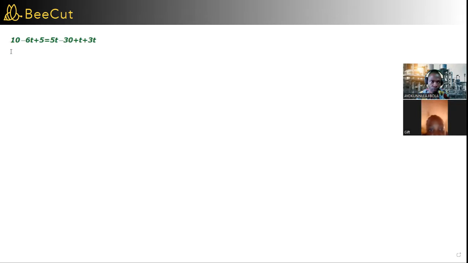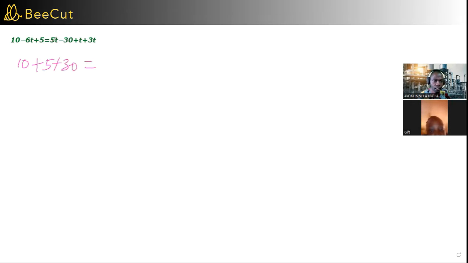Okay. What you have to do, you will collect the like terms. That's going to be all the numbers together and all the alphabets together. The alphabets are t, so all the t's together. So I have 10 plus the number here 5, and the number here is crossing the sign, so minus 30 becomes plus 30.